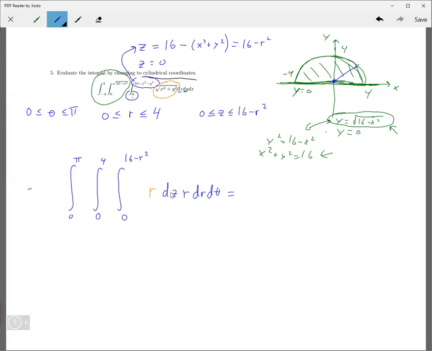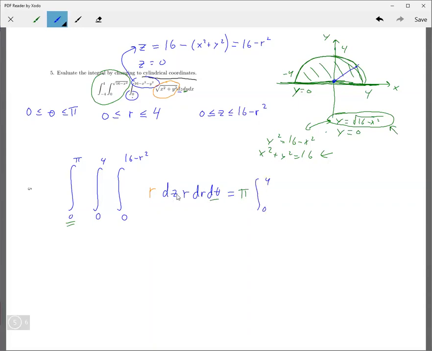Let's see here. You're going to integrate in z first. There are no thetas in there, so we can use that one trick: that's just going to pull a pi out. All that turns into just a pi. Then we have 0 to 4.